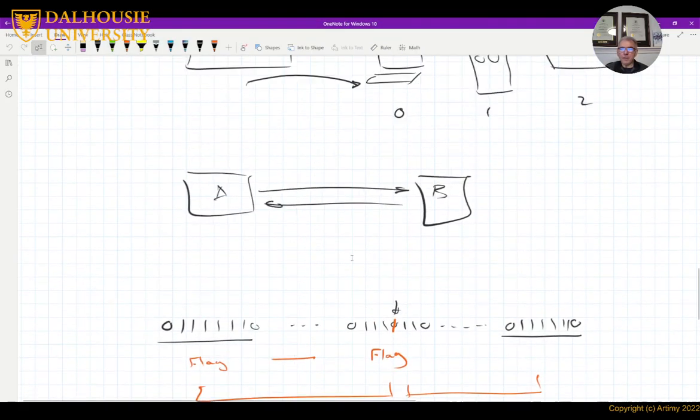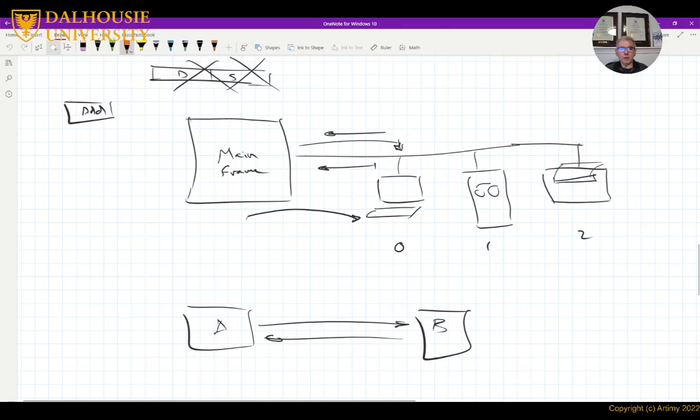So if the mainframe wants to talk to one of these peripherals, it sends the frame with the P equal 1. And this means that I am asking for information. This is polling. I'm asking for information.